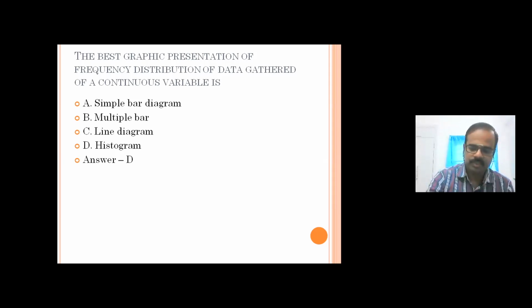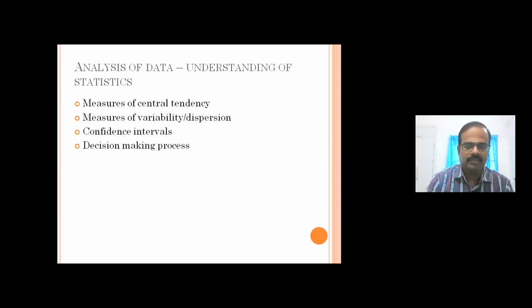I think that finishes off the various types of data and also the types of data presentation methods. The next important area we will enter into is basic understanding of statistics, especially measures of central tendency.